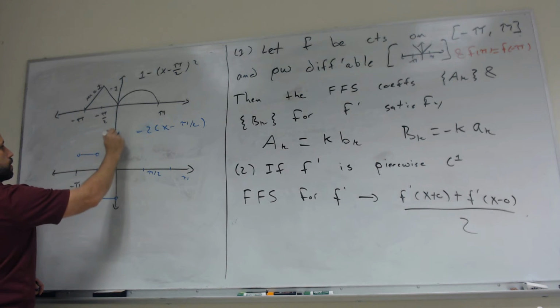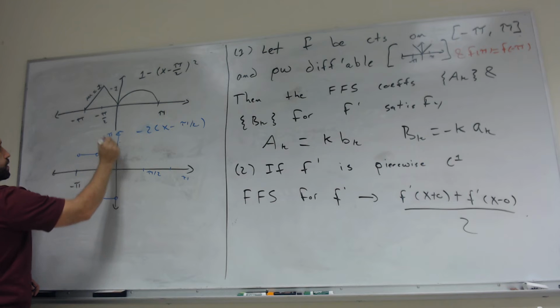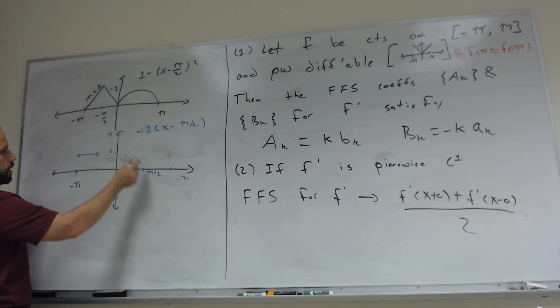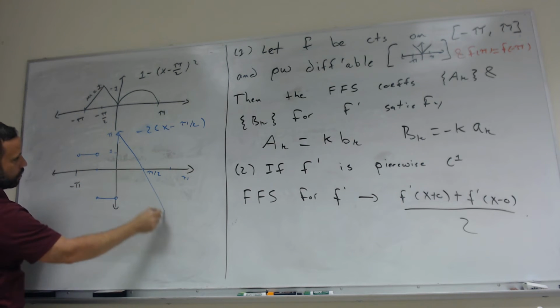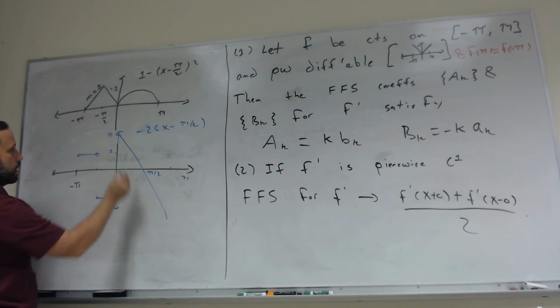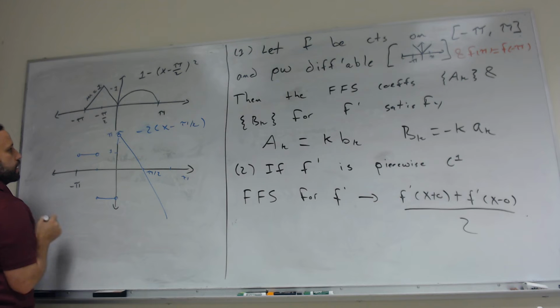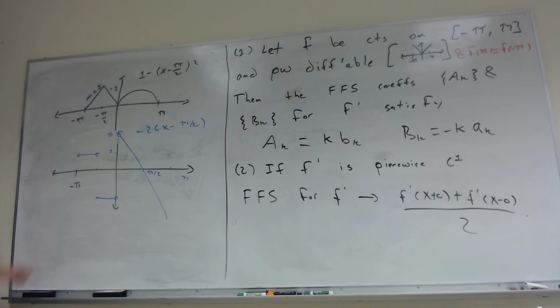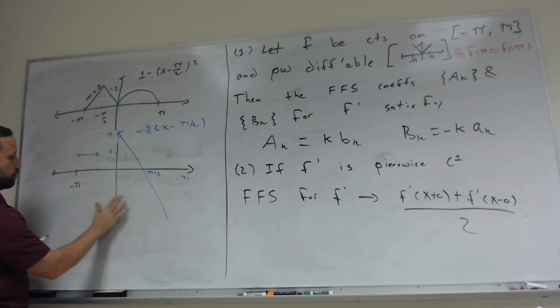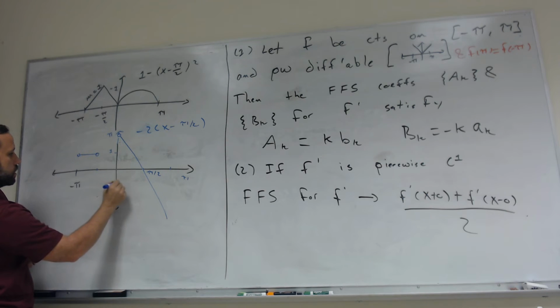So if I do this a little more to scale, this is pi, this is 1, so it's going to be something roughly like this. Open there because there's a discontinuity in the derivative right there. Okay, so where will the Fourier series converge? Let me make this a little more to scale.